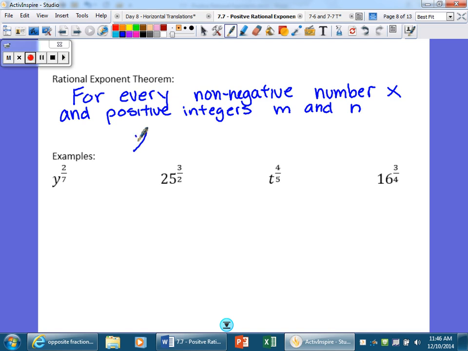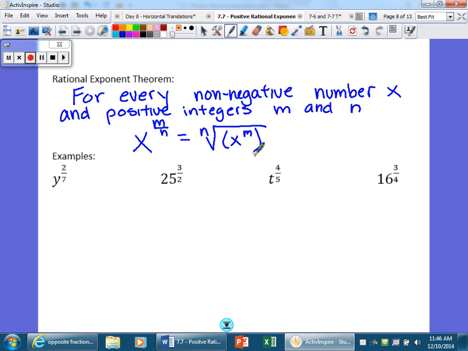It's x to the m over n equals the nth root of x to the m power. So it'll look like that.